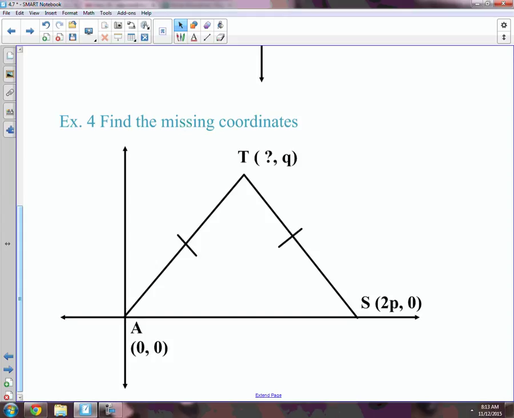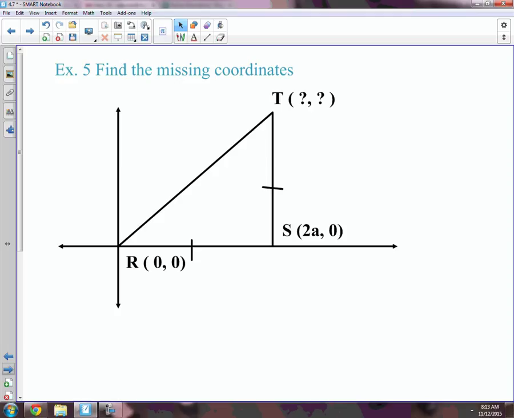Okay, so I'm going to do another example. This one I'll let you just watch. Okay, here is what we have. We have an isosceles right triangle, but they haven't used the corner for this one. So what we've got are sides R and S, and T and S are legs. They're congruent.